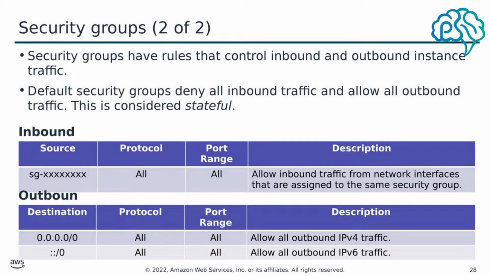Likewise, the responses that are allowed to flow out go regardless of the outbound rules. This means that all rules are evaluated before a decision is made to allow traffic. The tables on this slide indicate that inbound traffic is allowed from any network interface that's assigned to the same security group, and that all outbound traffic is allowed.